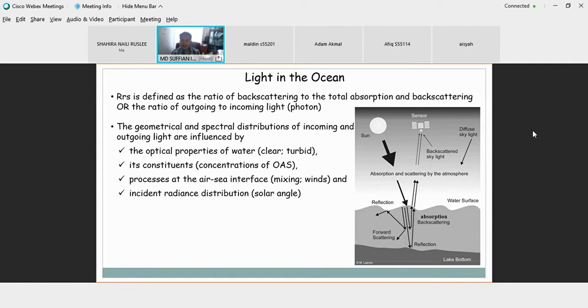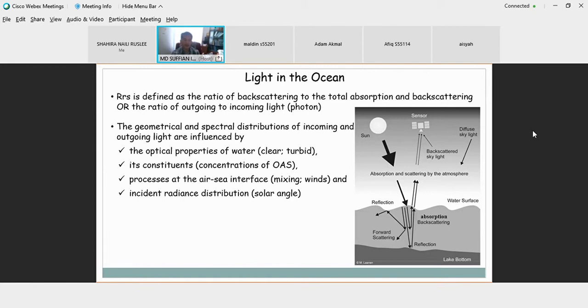So the optical properties of the ocean are controlled by many factors. The most important factor is the optical properties of the water column, such as how it is different for clear and turbid waters. Clear and turbid waters have different amounts of particles. Clear, jernih, means that particles, especially phytoplankton, are low, suspended particulate matter is low, and dissolved organic matter is low.